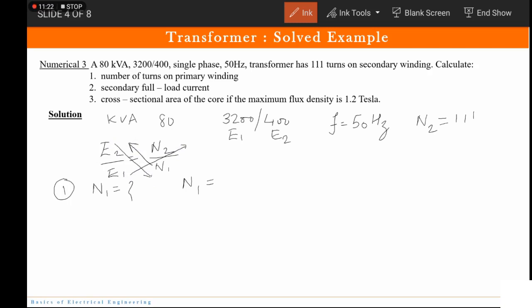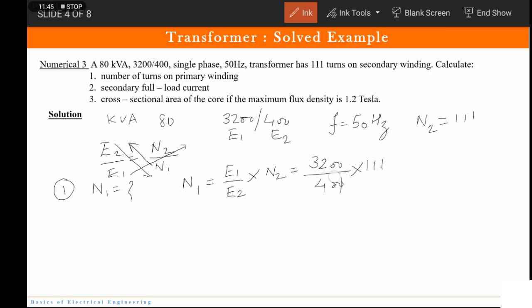So N1 becomes E1 by E2 into N2. So what is E1? 3200, E2 is 400, and N2 was 111.